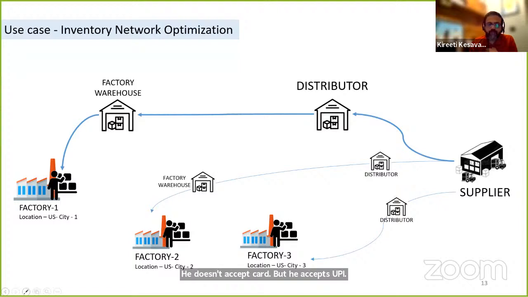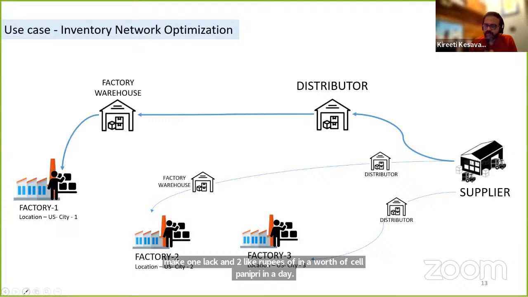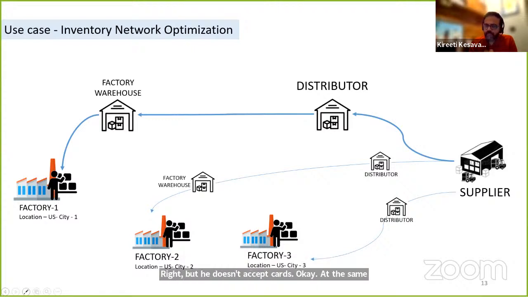I go to a pani puri vendor, and I'm not joking, there are people who make 1 lakh or 2 lakh rupees worth of sales selling pani puri in a day, right? But he doesn't accept cards. At the same time, there are many kirana shops who make lakhs of business in a day, but they don't accept cards.